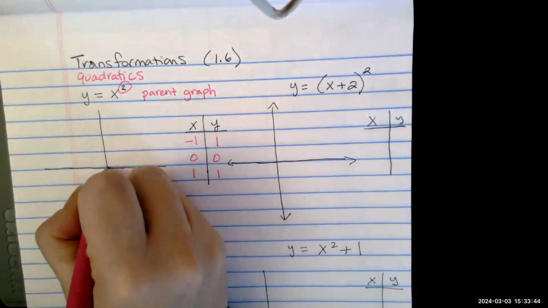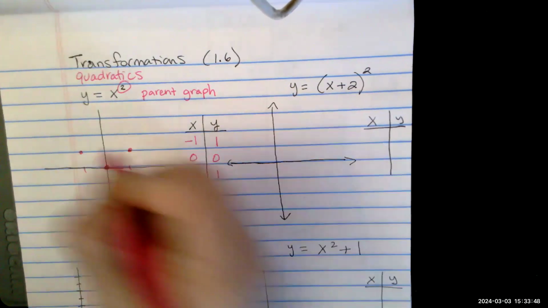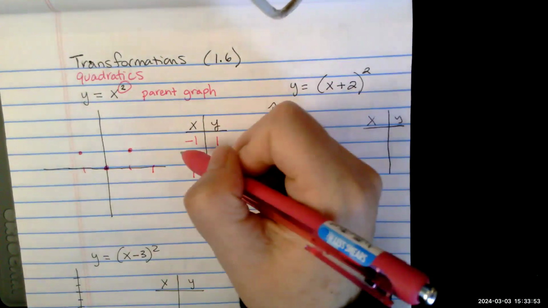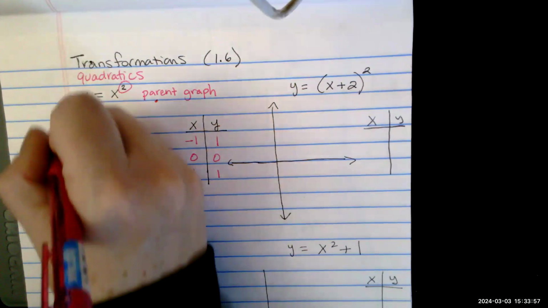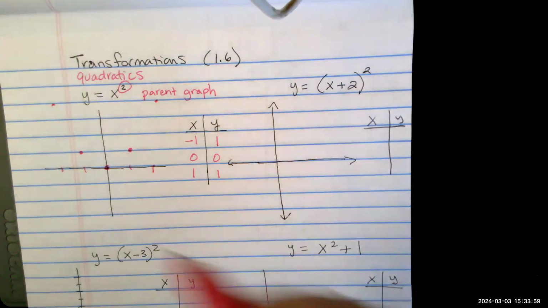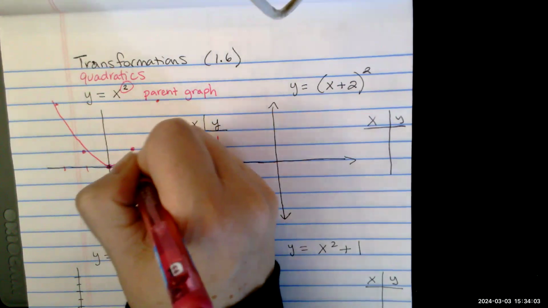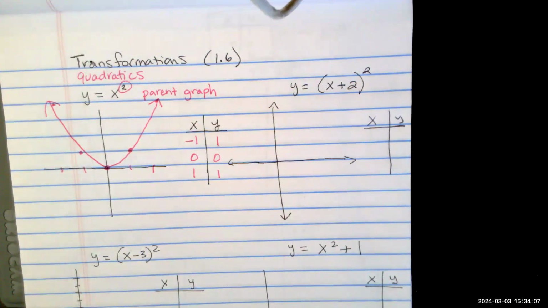So let me plot these points. If I did do more, just to give you an idea, 2 would give me 4 because 2 squared is 4, and -2 would also give me 4, just to give you a little more points, but really we're going to focus on these three. So that is what a parabola looks like. That is what our parent graph looks like in this case.